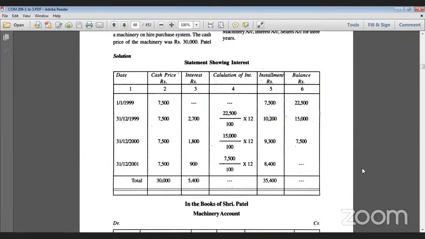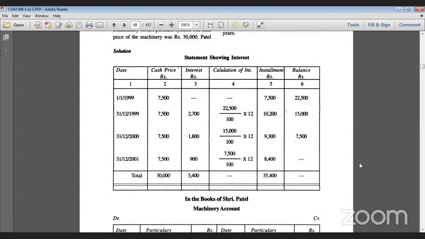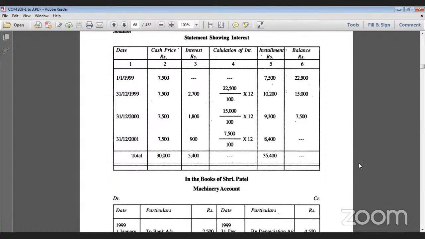So first we prepare the table. As per the table, 3 years, 7,500, 7,500 and 7,500, there will be 4 times. After that the interest for 3 years, 2,700, 1,800 and 900.